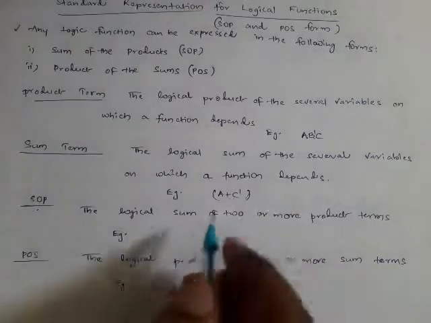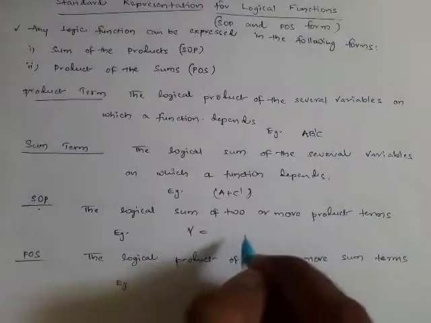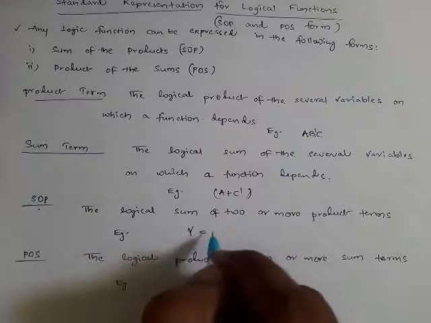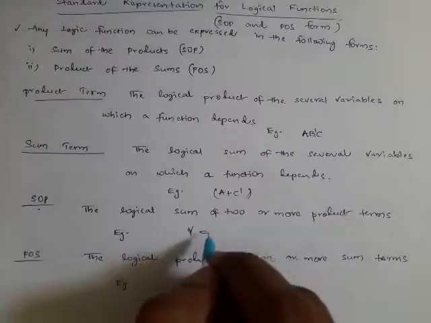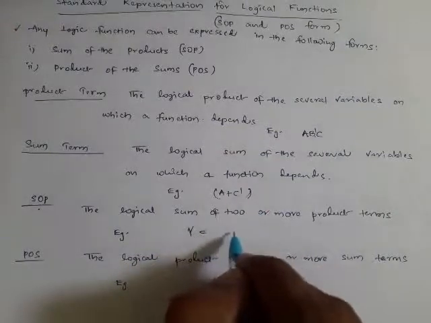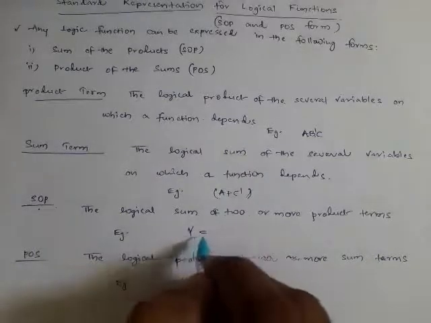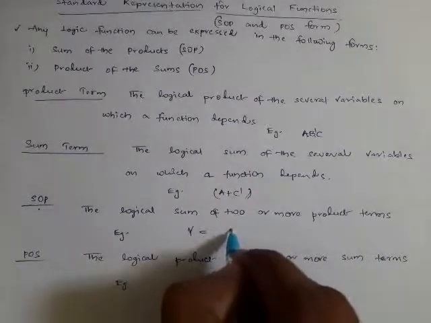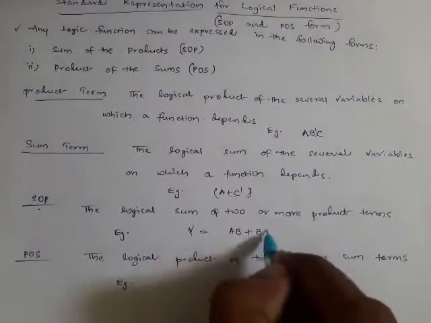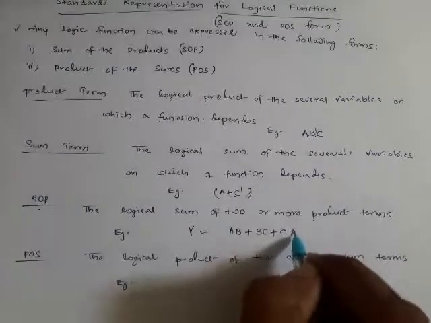For example, I can write the expression for the function y, which depends on the three variables a, b, c. Then the sum of products form for the logical function can be ab plus bc plus c bar a.